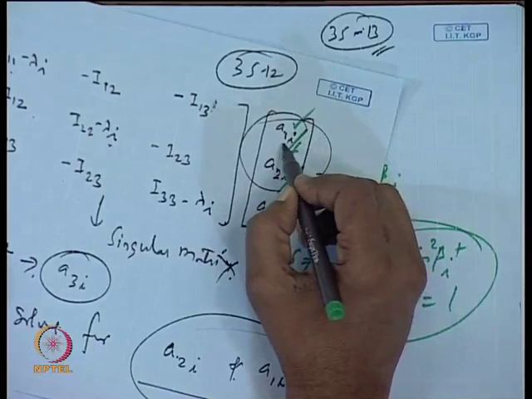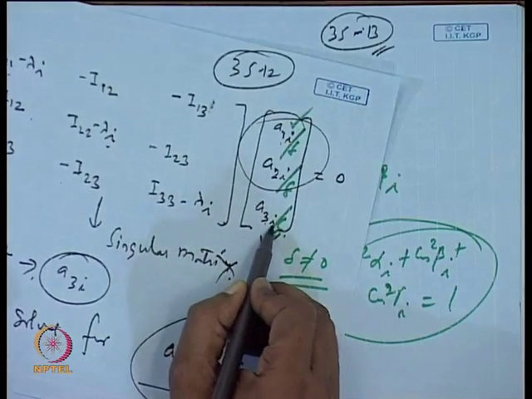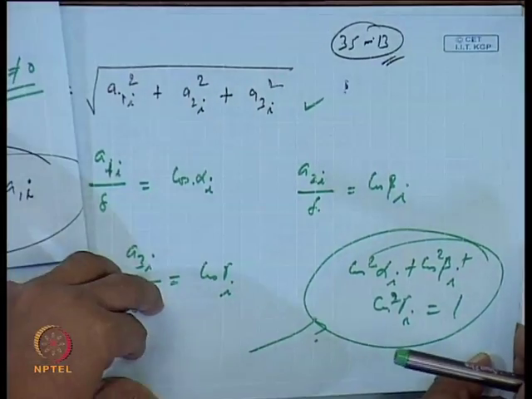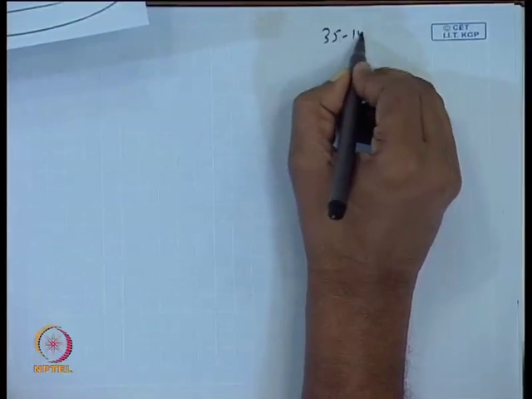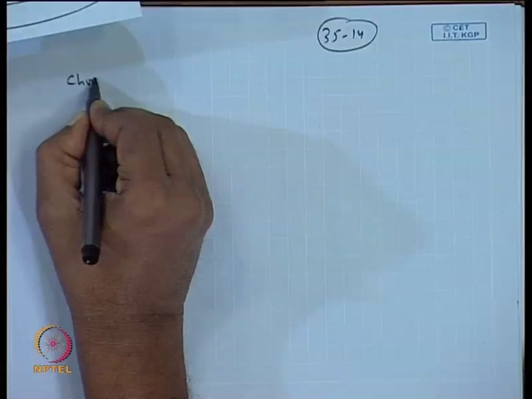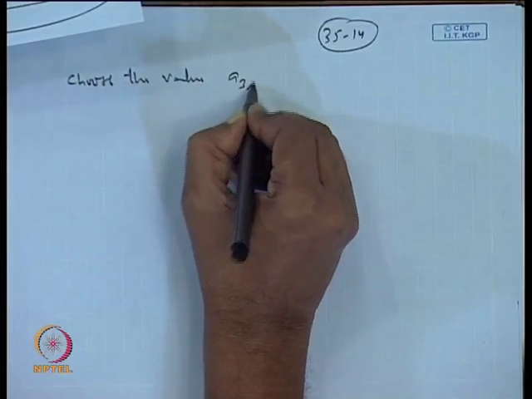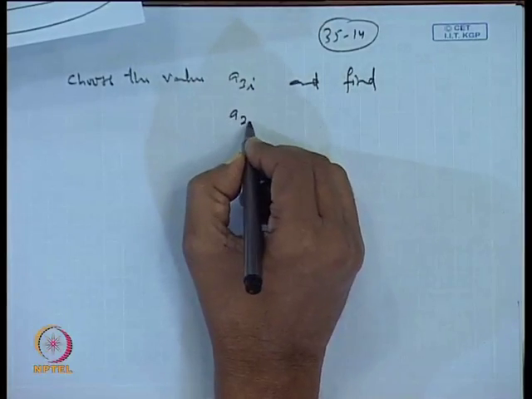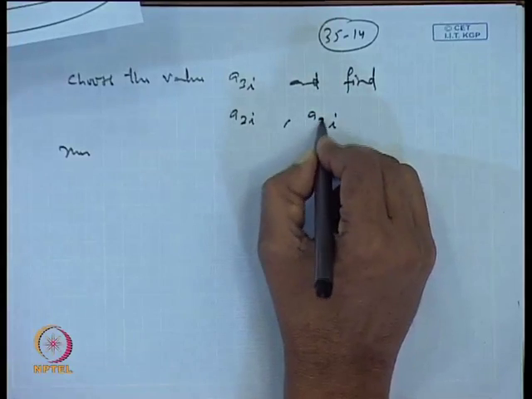So, choose the value A 3 I and find A 2 I and A 1 I. Okay.